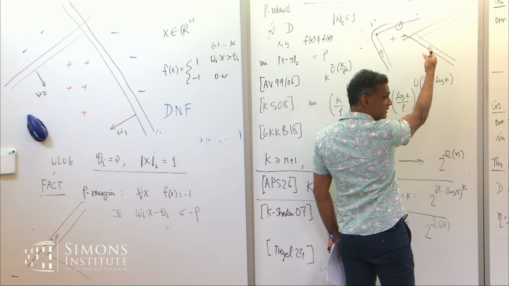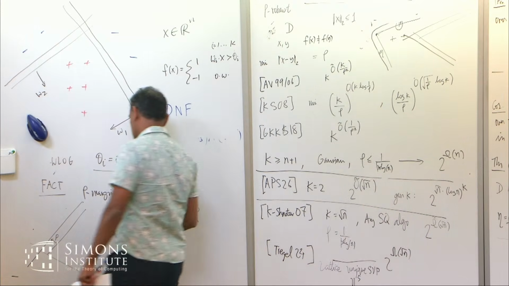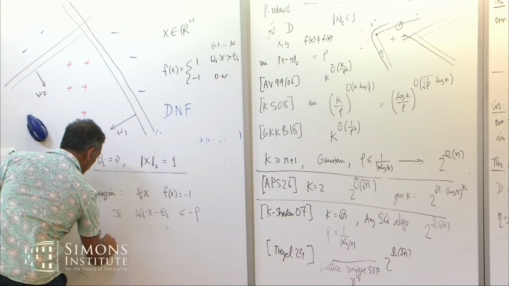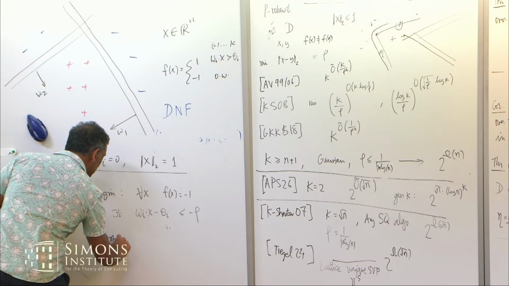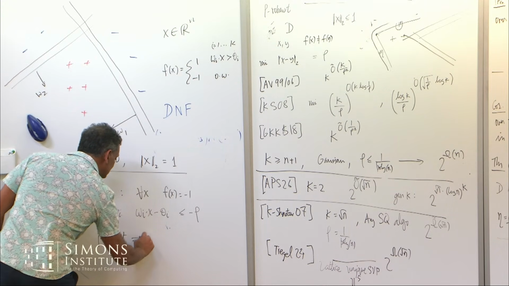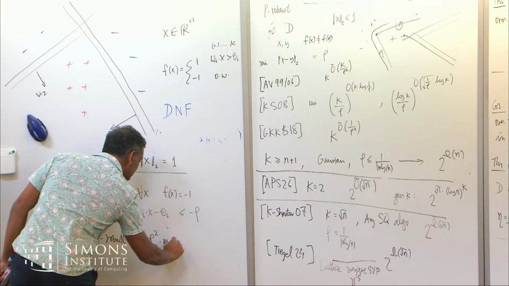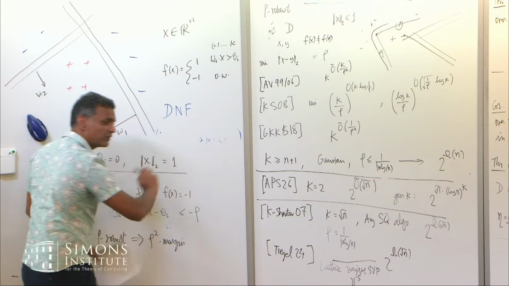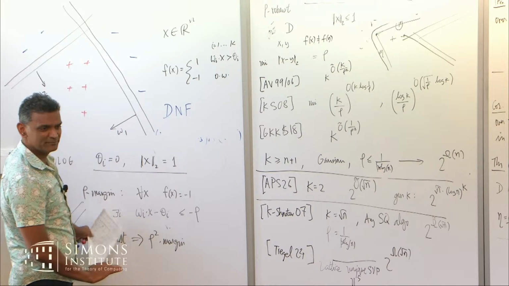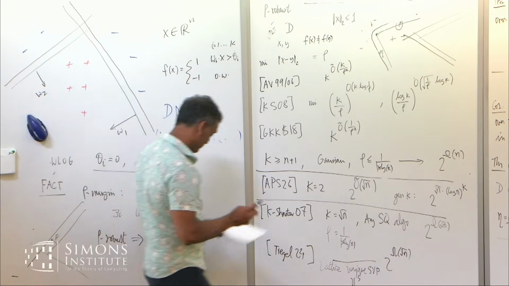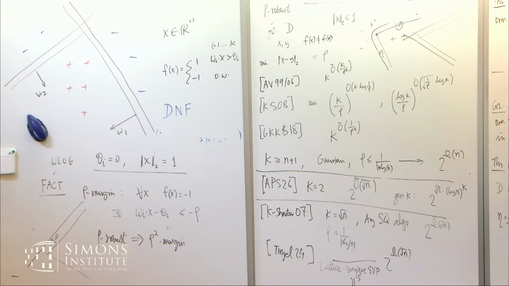You're asking for more. But the fact is that rho robust implies rho squared margin. So for the purposes of our algorithms and bounds, we can assume the stronger one. Okay, with that all said, here is the algorithm.